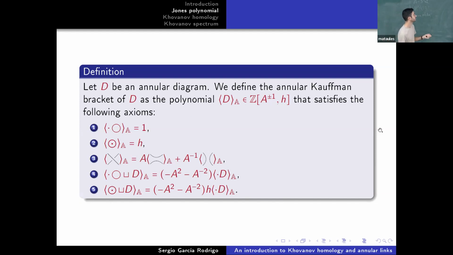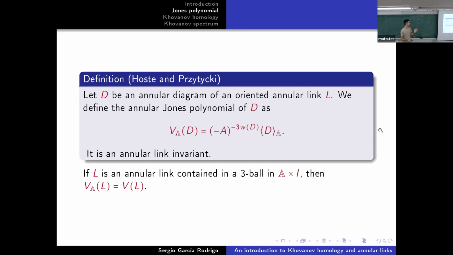And it appears this new variable h, which kind of measures how many times the knot winds around this central pole. Okay, remember that we are in a thickened annulus. So we kind of have like this central pole. And same as before, we multiply by this factor and we get the annular Jones polynomial.